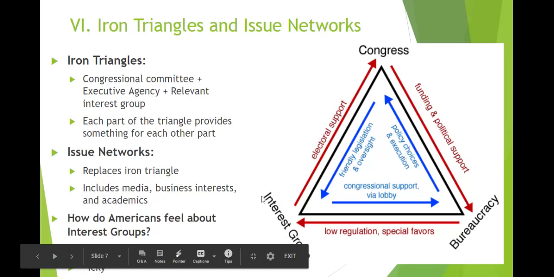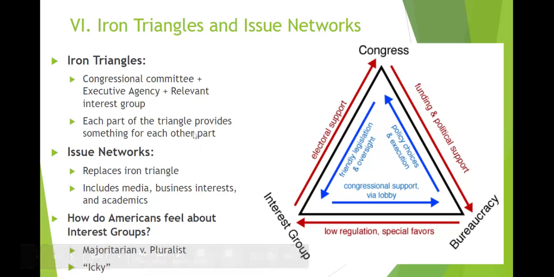It's also not uncommon for former lobbyists to find themselves in bureaucratic agencies. So you get a little bit of movement there too. So there's a little bit of a shell game going on here where all these people all sort of know each other and move around throughout various jobs here. So each part of the triangle provides something for the other part.